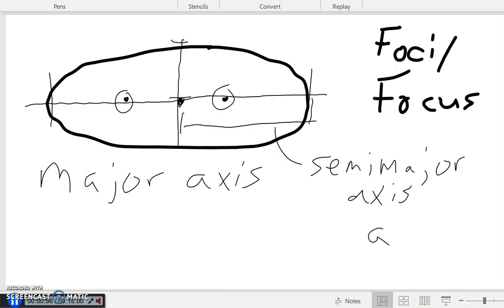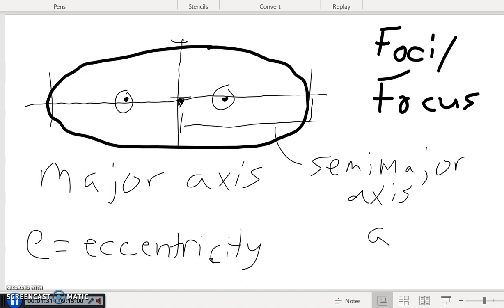All right, so there's one more thing that we want to mention about ellipses before we actually dive into Kepler's laws, and that is their ovalness, or their ellipticalness, is measured with a number called the eccentricity, which is given by E. The eccentricity is just a measure of how non-circular the ellipse is.